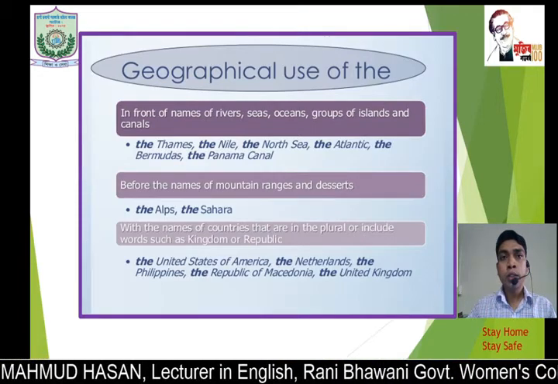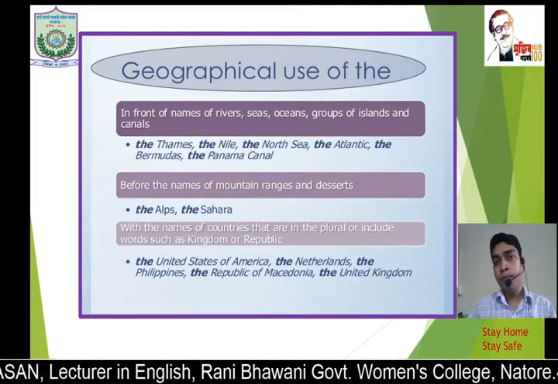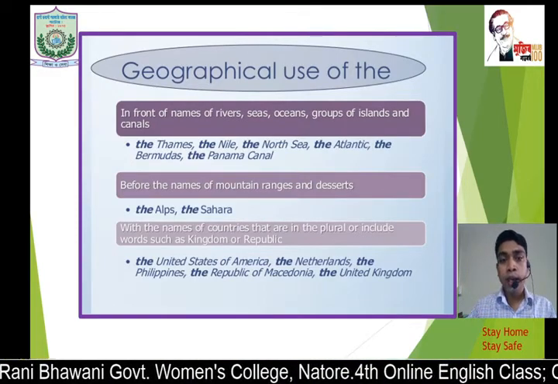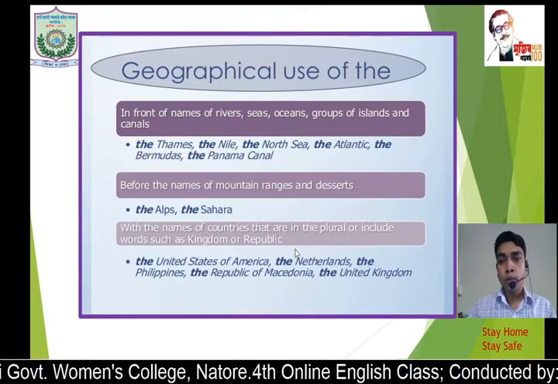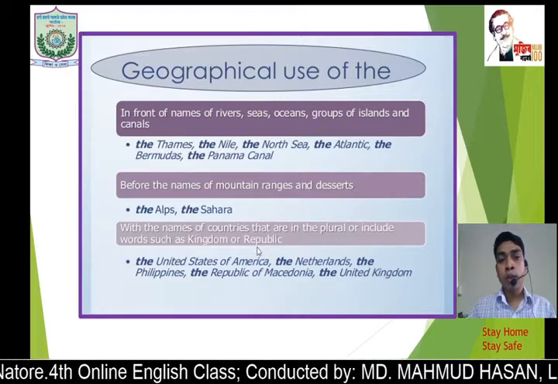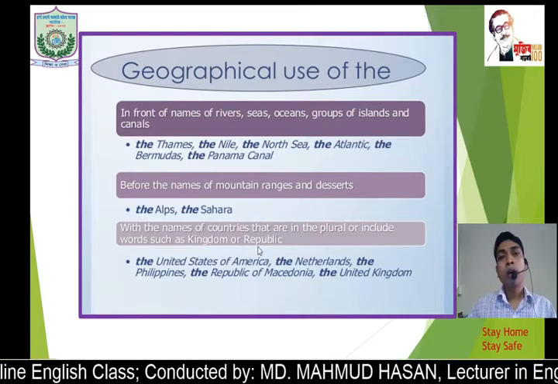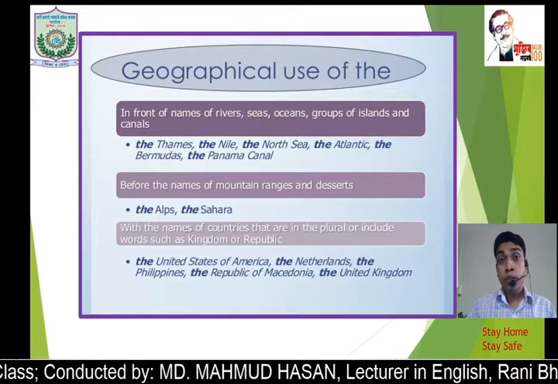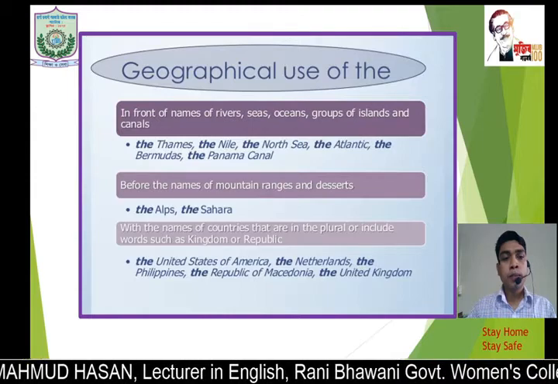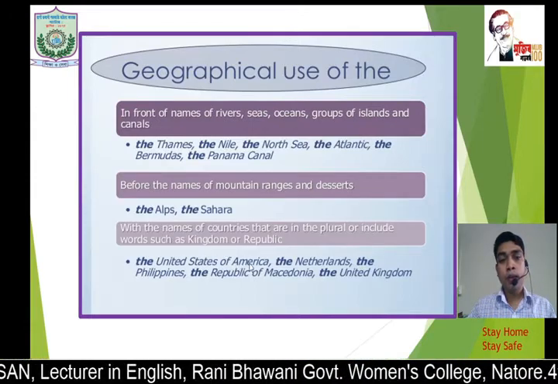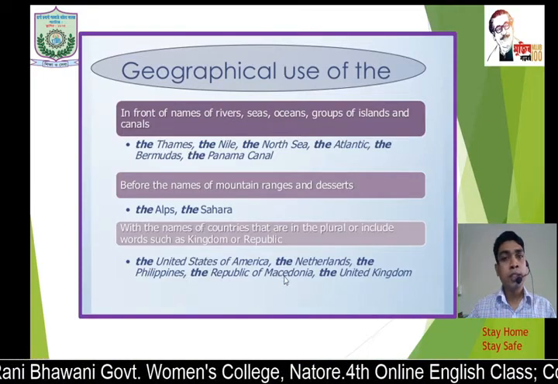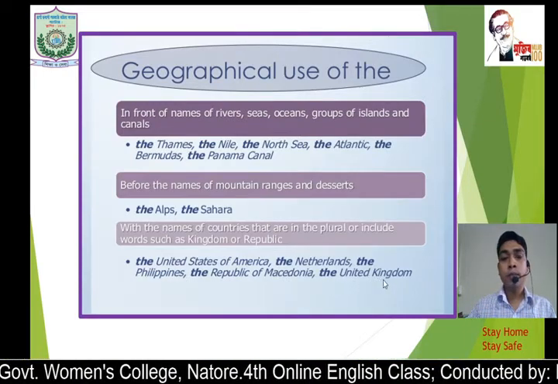Normally we do not use the before a country, but for countries whose names are plural or have kingdom or republic in them, we use the. For example, the United States of America, the Netherlands, the Philippines, the Republic of Macedonia, the United Kingdom.